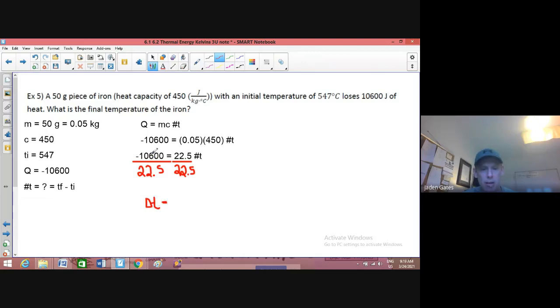Now I got a negative divided by a positive, so it's going to be a negative number because, again, the temperature is losing heat, so I would expect my change in temperature to be negative.